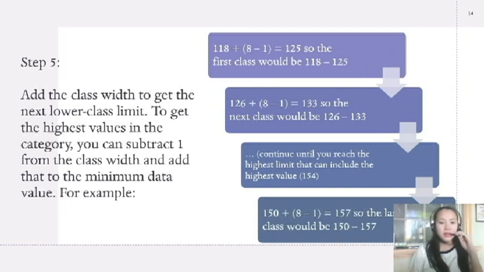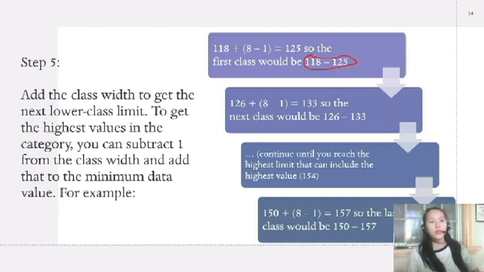To get the highest value of the category, you can subtract 1 from the class width and add that to the minimum data value. So in our solution, we have 118 plus 8 minus 1 is 125. Now, this is our first interval. We have 118 to 125.